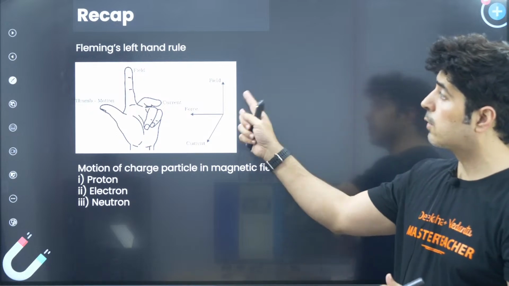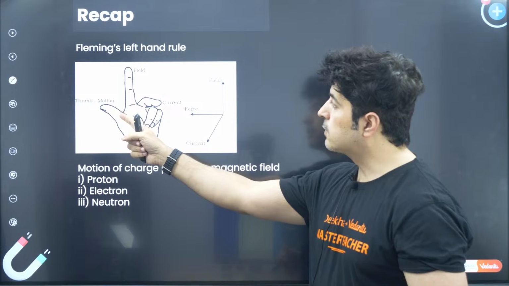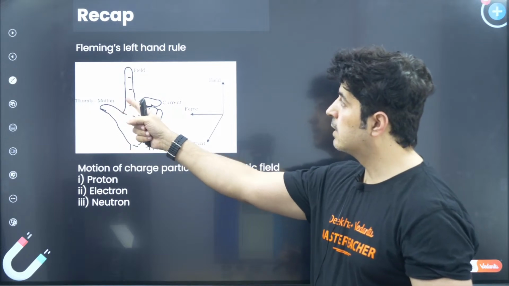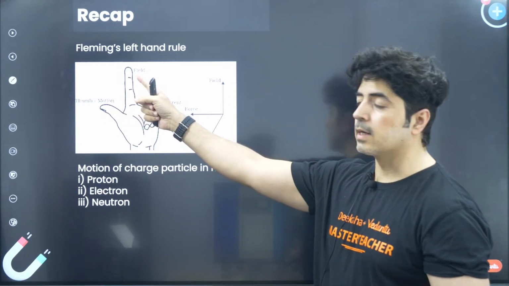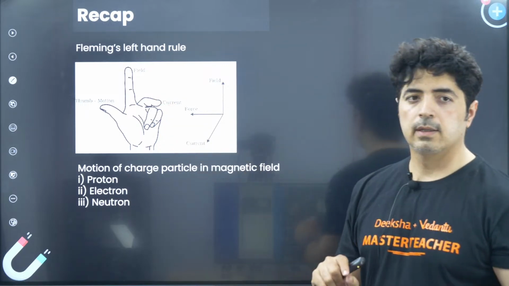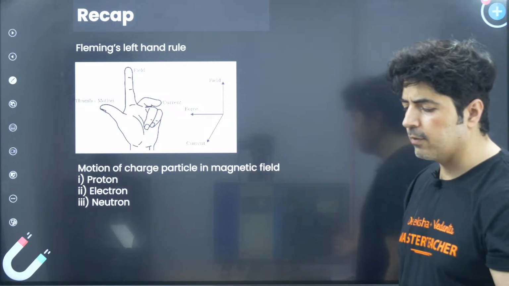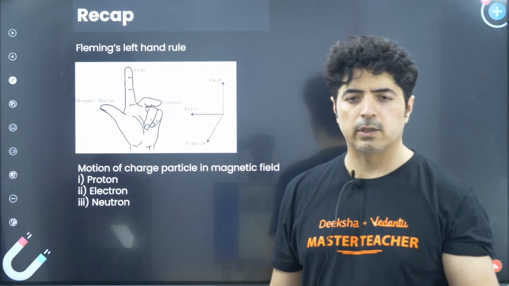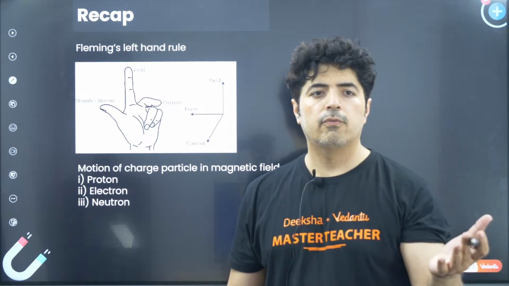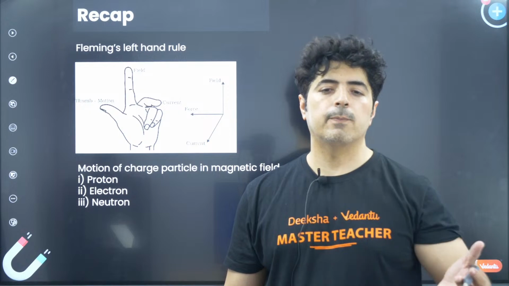So this is a left hand rule. This is not the right hand rule. In the left hand rule, your thumb gives you the force, index finger gives you the field, and middle finger gives you the current. To remember this, there are two ways you have been taught in your classes: father, mother and child, and the second way is FBI.